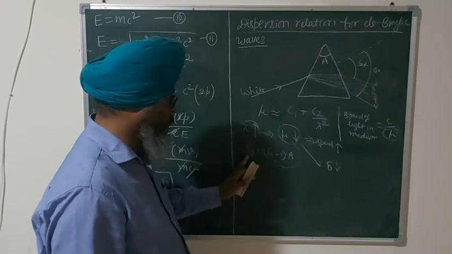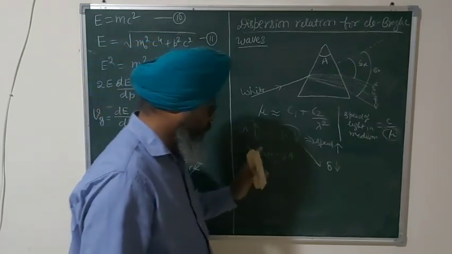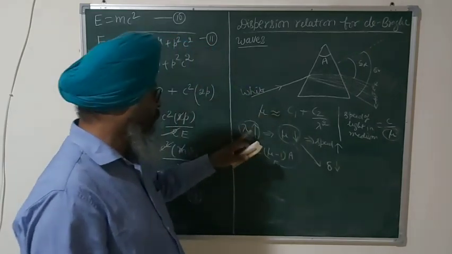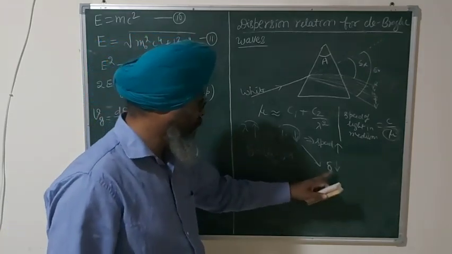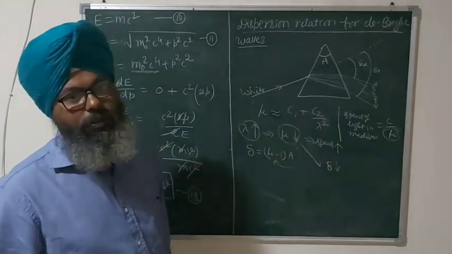So according to this formula we must conclude that higher wavelengths bend less and vice versa.